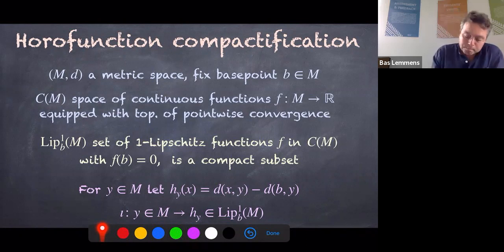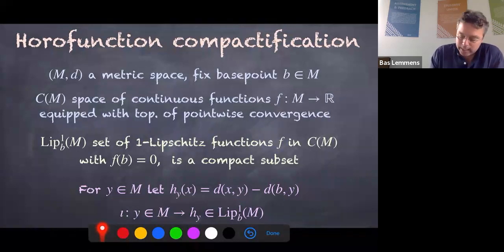So what we're going to do is embed this M into this space of continuous functions. We associate to each y in M a function, which I'll denote by h_y. And this h_y evaluated at x is nothing else than the distance between y and x minus the distance from the base point to y.